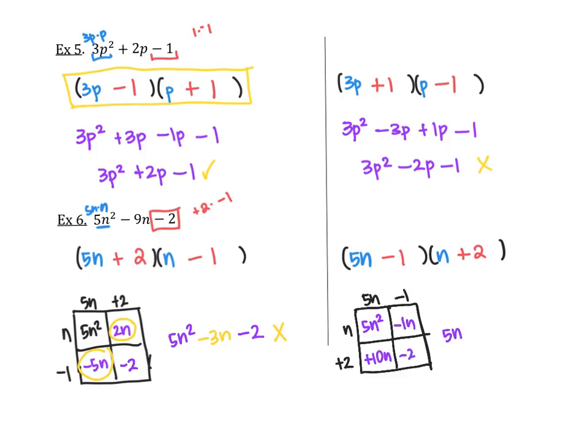So I get 5n to the second, 10n minus 1n is positive 9n minus 2. Okay, am I right? I'm not right, but I'm really close. Okay, so I got a plus 9n. I want it to be a minus 9n. But the fact that it's the correct number is great. But my signs are backwards.